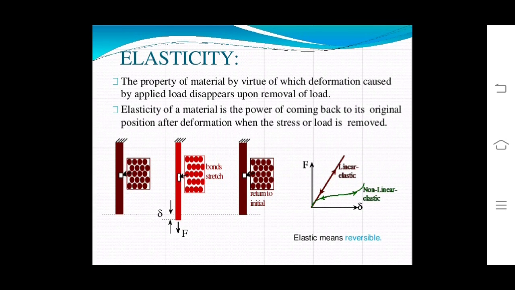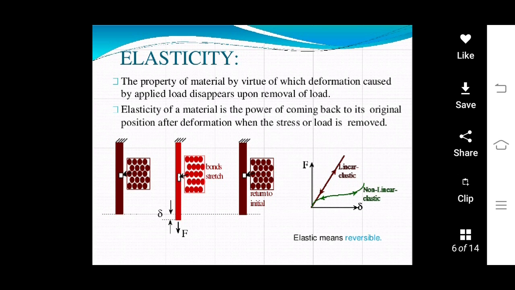The next property of metal or steel is elasticity, which is the most important property for using metal in RCC structures. It is the property of material by virtue of which deformation caused by applied load disappears upon removal of load.